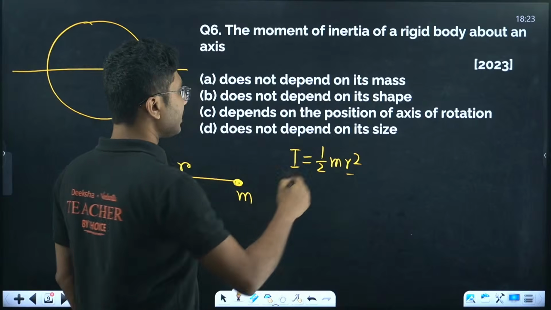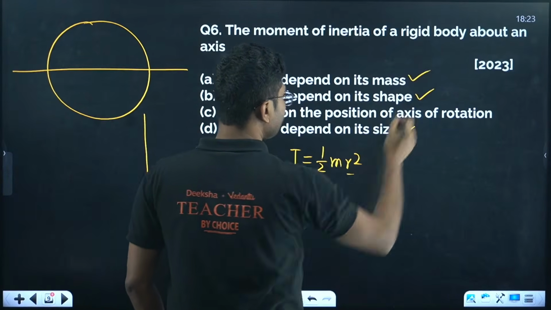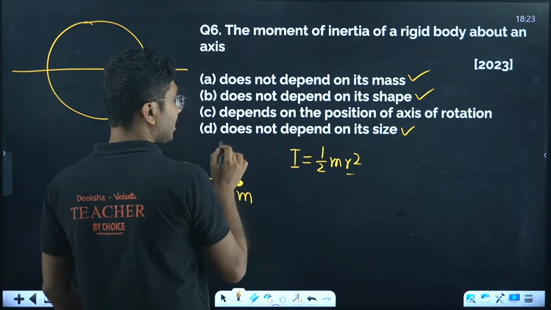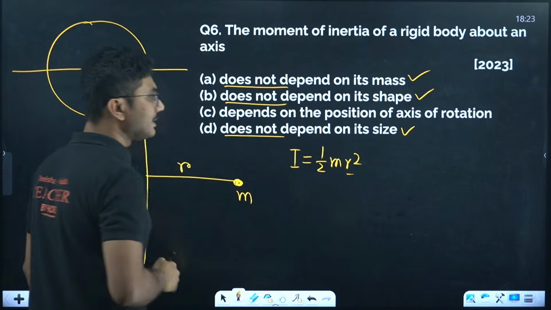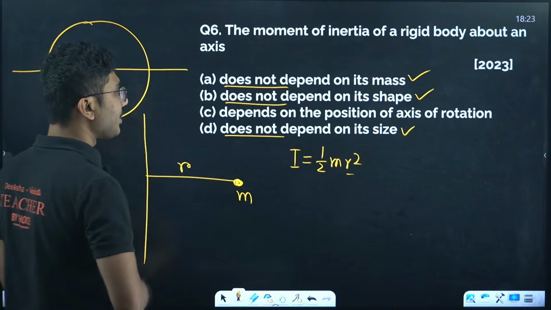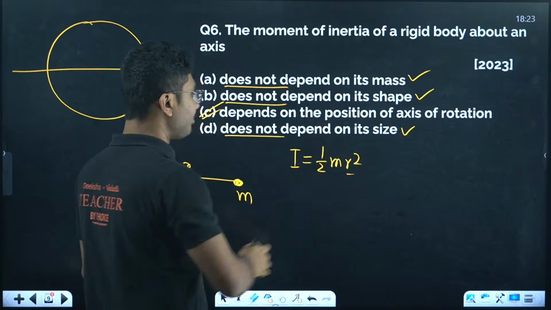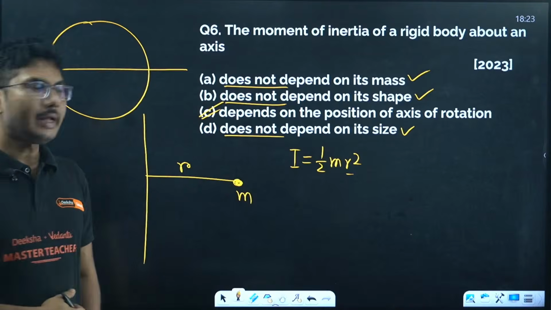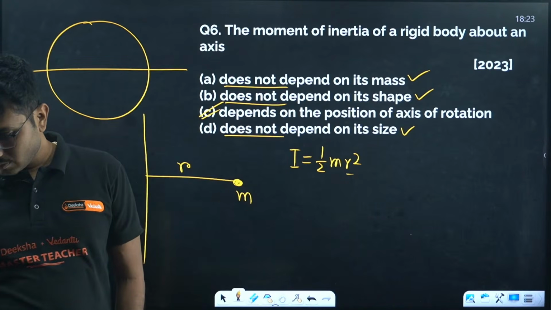So it depends on its shape, its size, its mass, and also on the position. Now if you see all these options, they say does not depend. So does not depend is incorrect because it depends on all of them. In fact, it also depends on the position of the axis. So that's why option C is correct for this question.